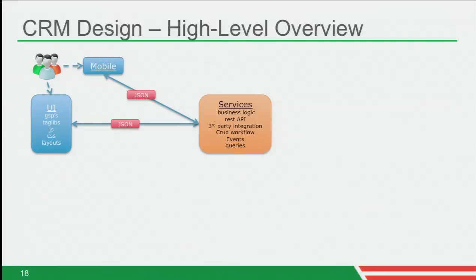So at its core, CRM consists of two Grails applications. We have a UI application and a services application, both of which are largely stateless. There's some state preserved in the UI for user session information about authentication and a few pieces that we'll actually talk about later.